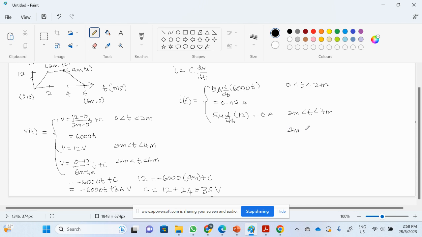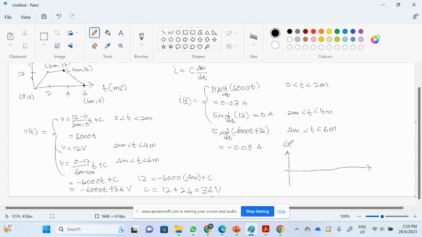And the last one, between 4 and 6 mili, 5 micro d/dt of negative 6,000 t plus 36. Okay, differentiate this one, you get negative 6,000 times with 5 micro, you get negative 0.03 ampere. Okay, then you can plot the graph.